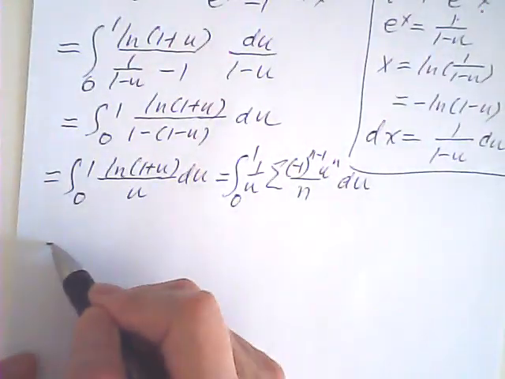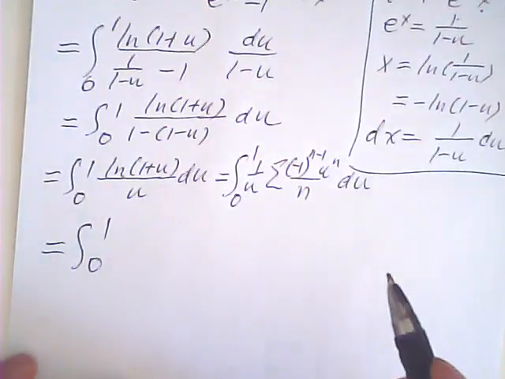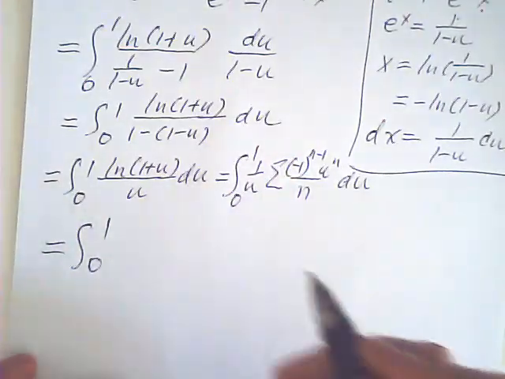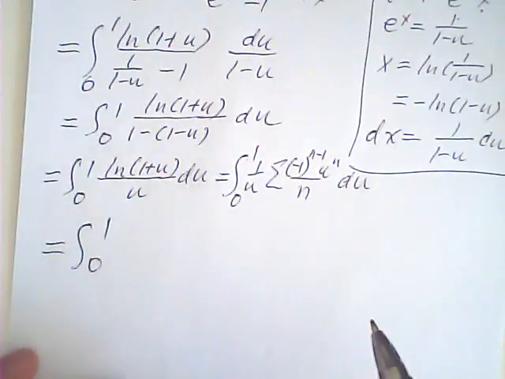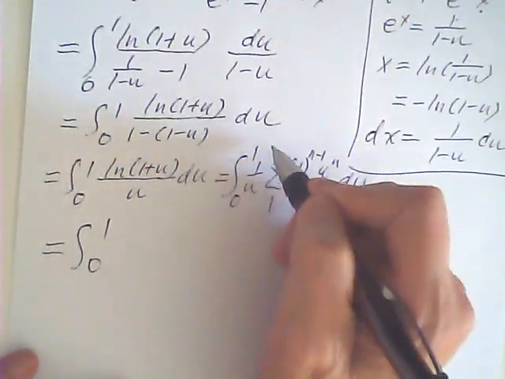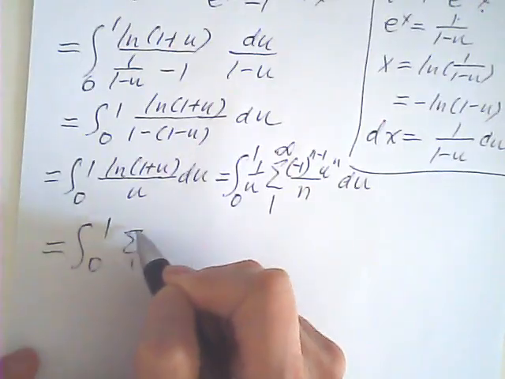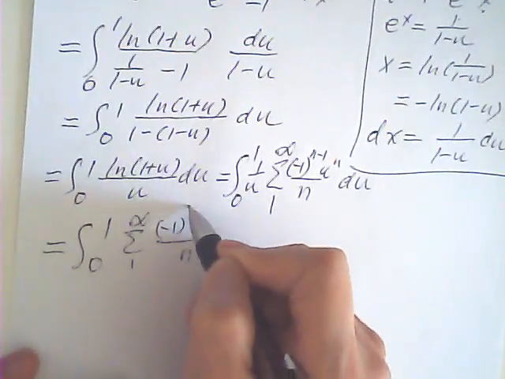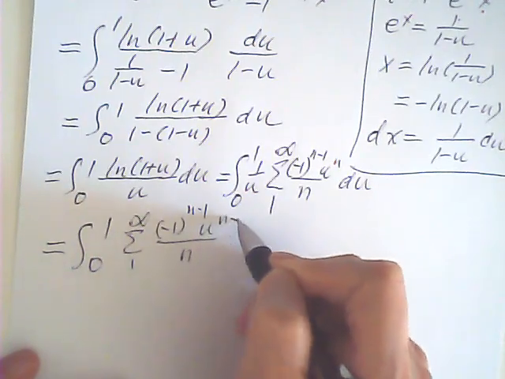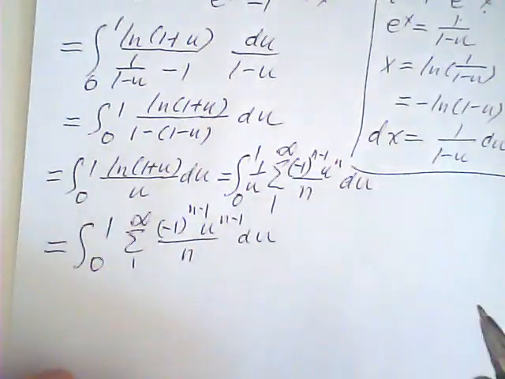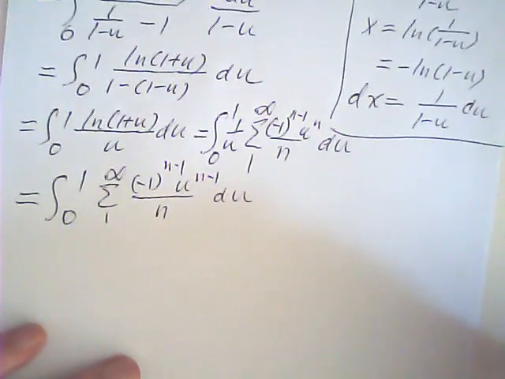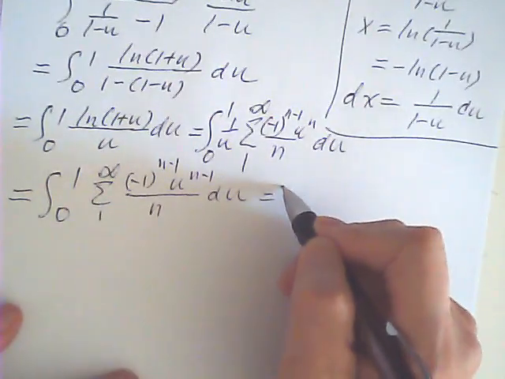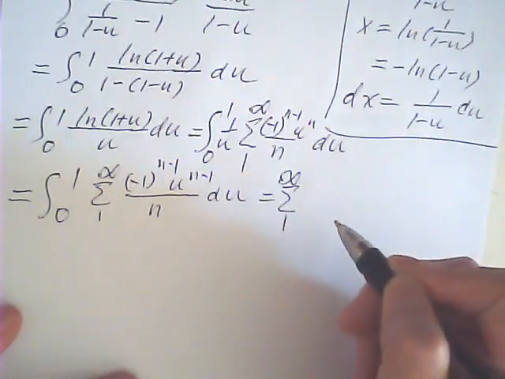Okay, so this one equals the integral from 0 to 1. This becomes the sum of negative 1 to the n plus 1 times u to the n minus 1, du. Since this one is convergent, therefore we can change the order of the operators.